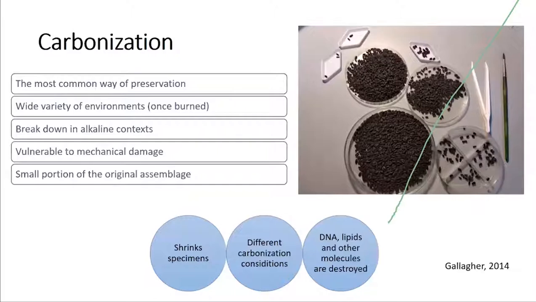Or sometimes you can find a huge assemblage, if the village or the house was burned, and you can find storage places filled up with grains. It will be amazing. And also what is important is that carbonization actually shrinks specimens. And there are very different carbonization conditions.